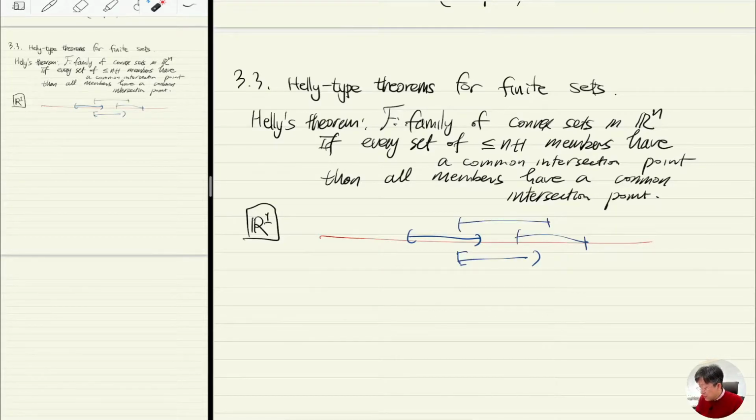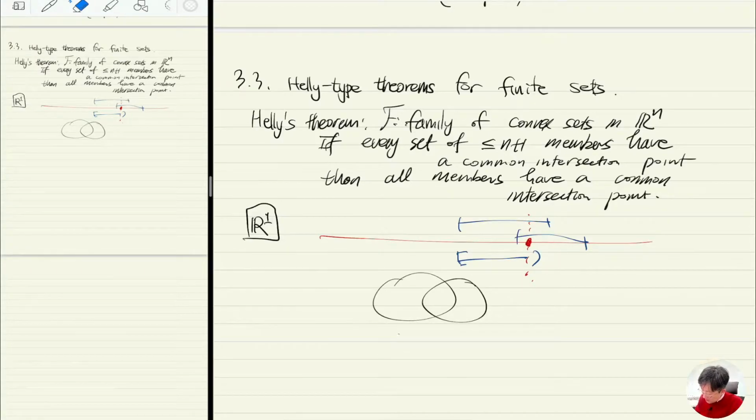If you have a set of intervals where every 2 of them intersect, so in this picture, it's not true: these 2 intersect, but these 2 never intersect. But if you have a set of intervals on the real line where any 2 of them intersect, then there will be a common point where all of them intersect. In this picture, there is a common point here, right? All of them intersect.